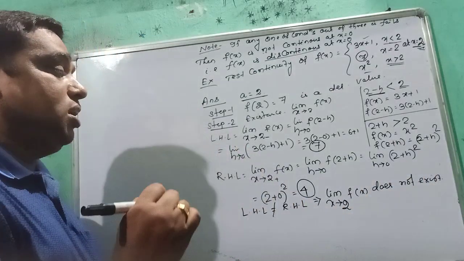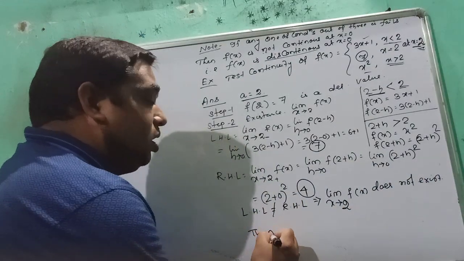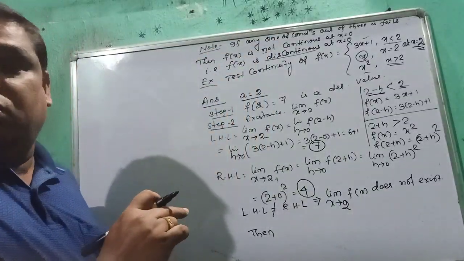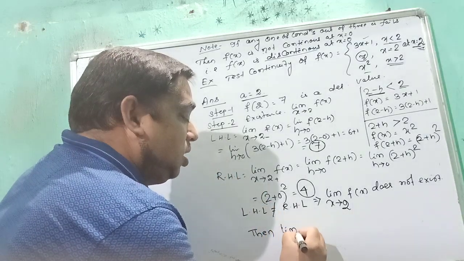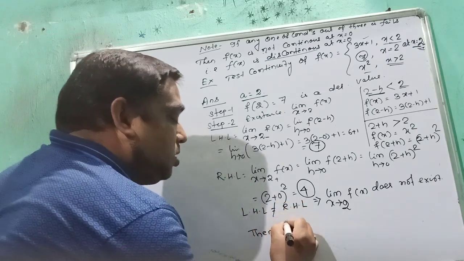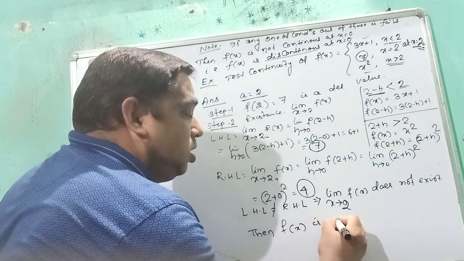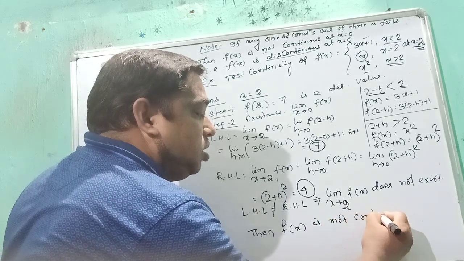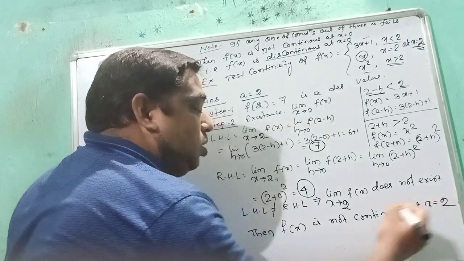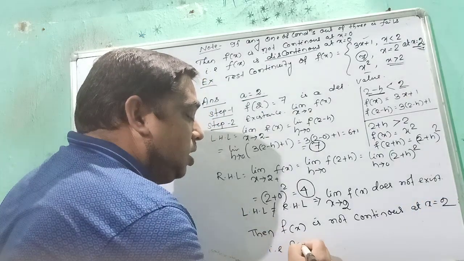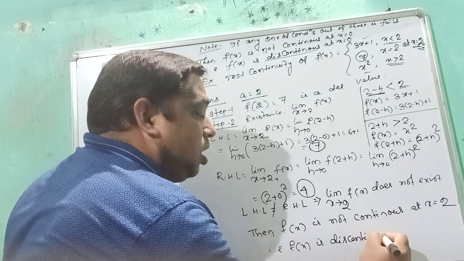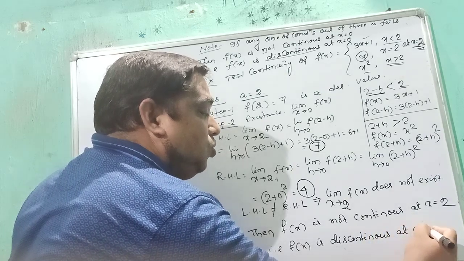Since it does not exist, it does not satisfy the second condition. So here one of the conditions is false, which means f(x) is not continuous, that is, f(x) is discontinuous at x is equal to 2.